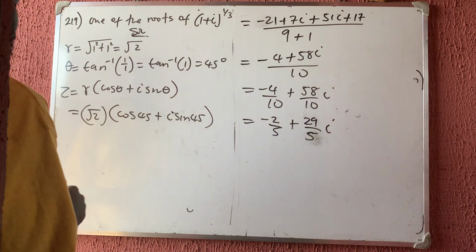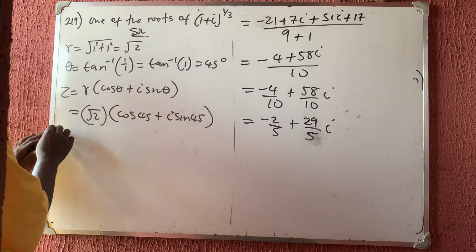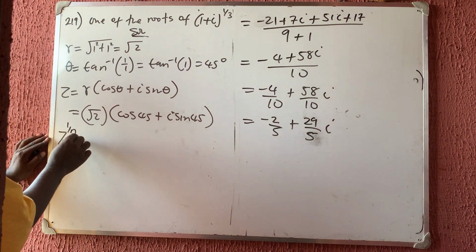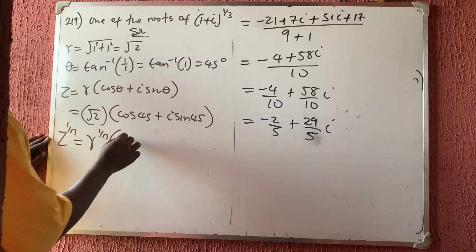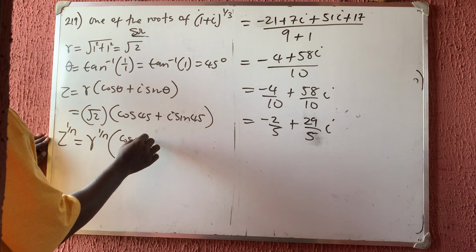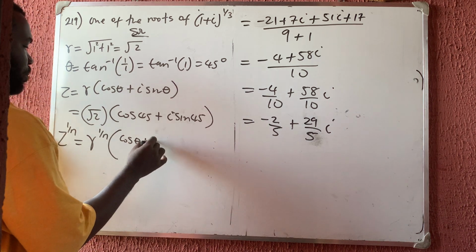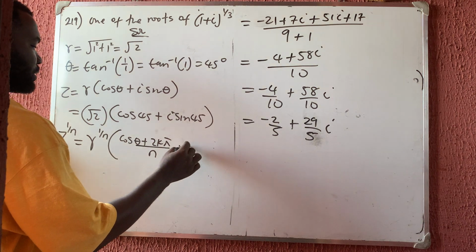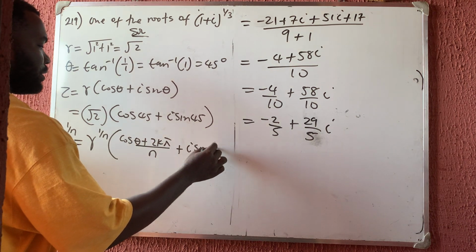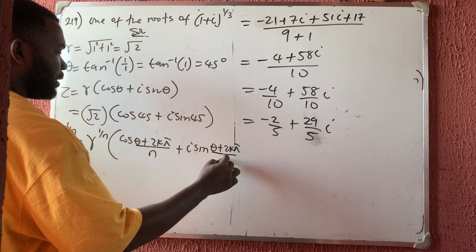Right? So what do we do now? We're going to say then z raised to power 1 over n is equal to r raised to power 1 over n in bracket of cos theta plus 2k pi all over n, plus i sine theta plus 2k pi all over n.